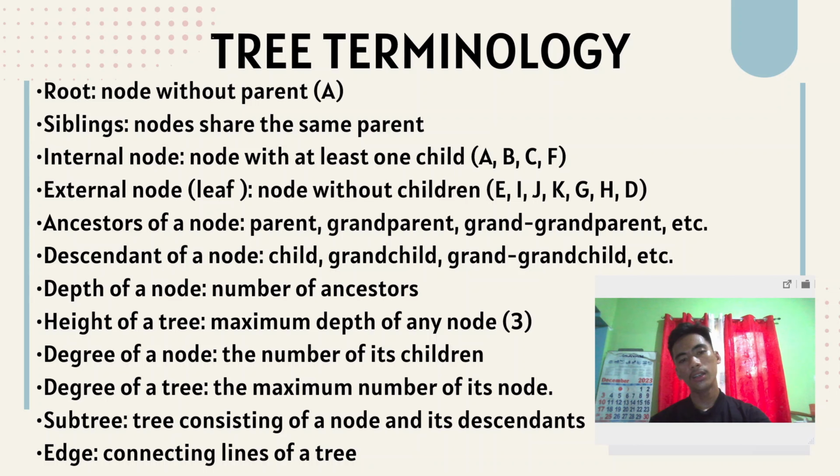In a tree, edges are the connecting lines between nodes representing the relationship and hierarchy in the structure. So this slide provides fundamental terms and concepts related to tree structures, helping to understand and describe the properties and relationships within a tree.